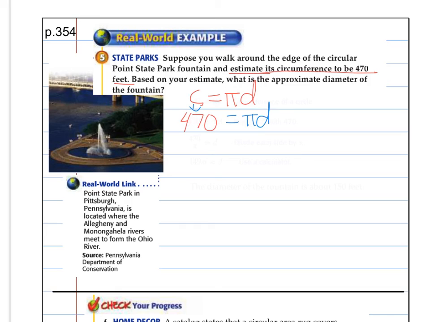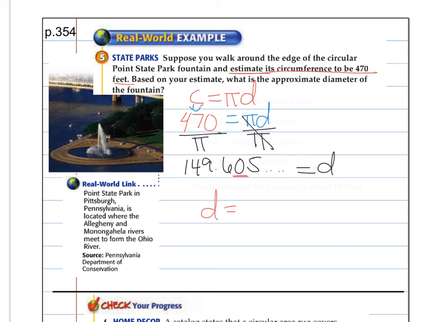Well, to solve for d, I see that d is being multiplied by pi. So to solve that, I do the inverse and divide by pi. So in my calculator, I do 470 divided by pi, and I get 149.605 is equal to the diameter. Well, I check the hundredths place, less than 5.